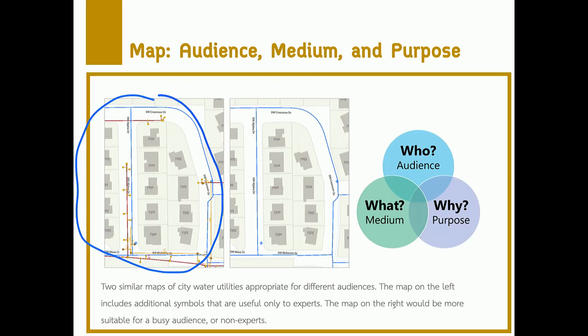On the other hand, if you are a normal user with no experience with map reading, it can make confusion, right? So the map on the right-hand side is more suitable for non-experts or normal audiences.